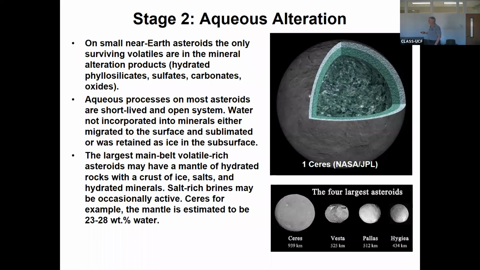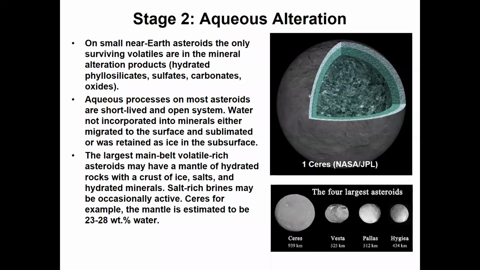The largest main belt volatile-rich asteroids probably have a mantle of hydrated rocks with a crust of ice, salts, hydrated minerals. They might have salt-rich brines.